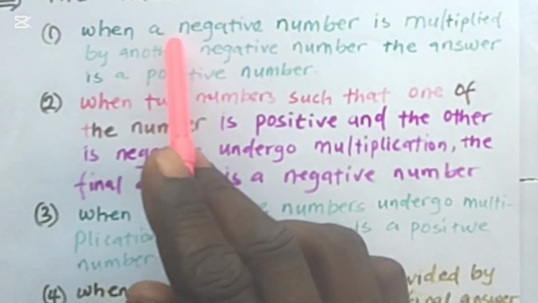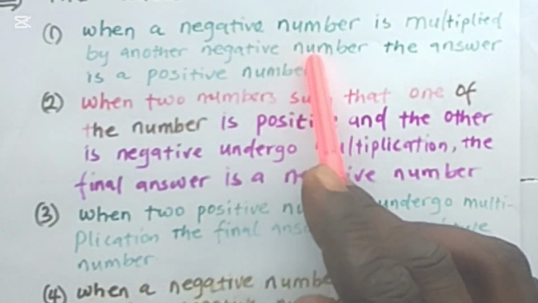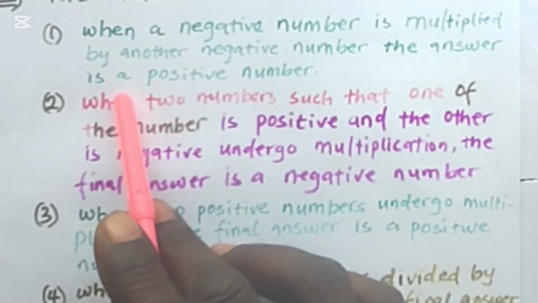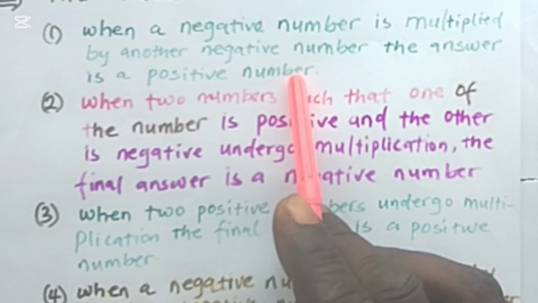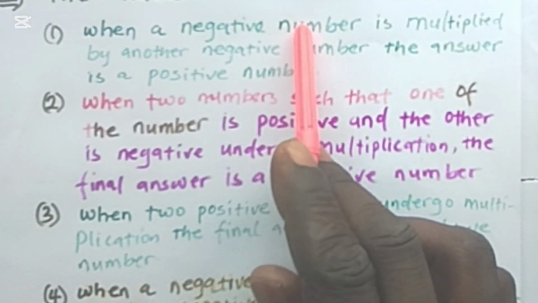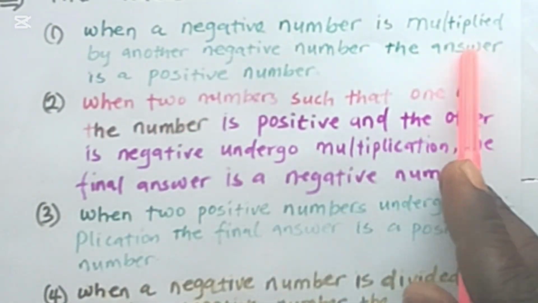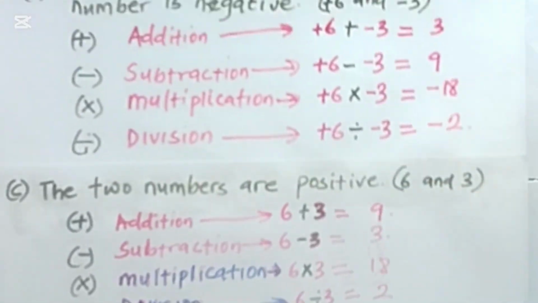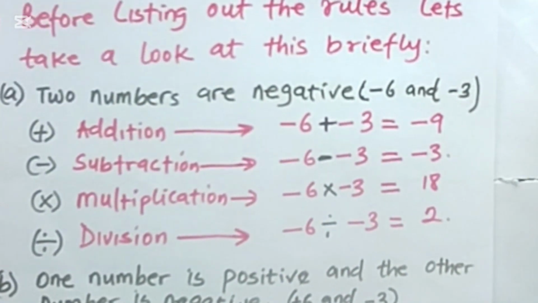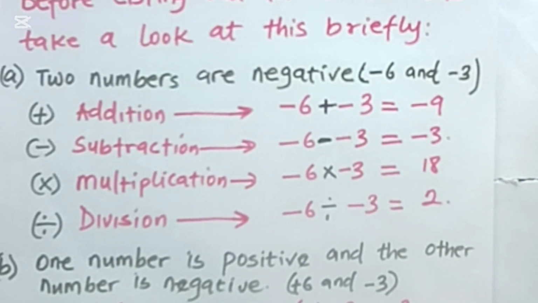The first rule is when a negative number is multiplied by another negative number, the answer is a positive number. You have a negative number being multiplied by another negative number, the answer is a positive number. So let's go down to what we have listed earlier and see if we can see a situation where multiplication of two negative numbers occurs.